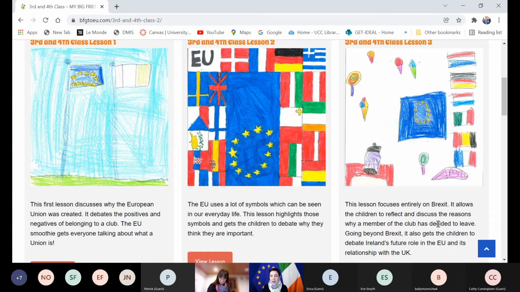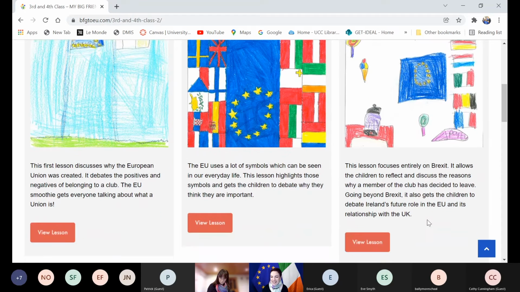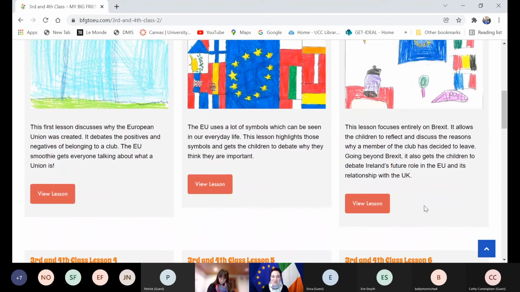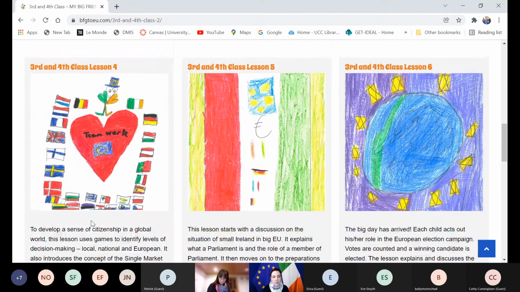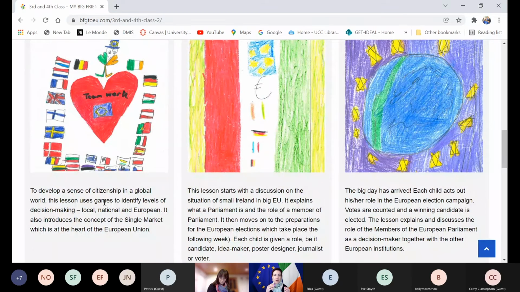The third lesson sometimes runs on for a little while because it's about Brexit, and they have lots to contribute on Brexit. The fourth lesson is about thinking about their European and their global citizenship. So we look at the various levels of action, and we use a Russian doll. I'll show you.